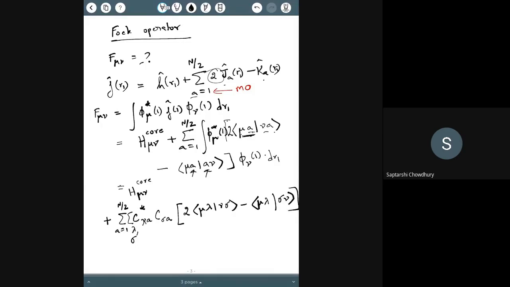So this is the expanded one. And of course, we still have the integration on mu nu.